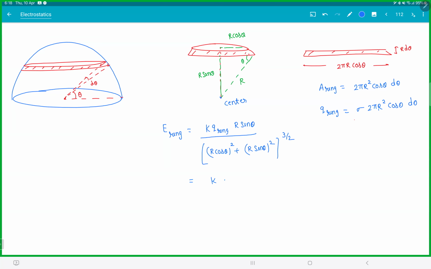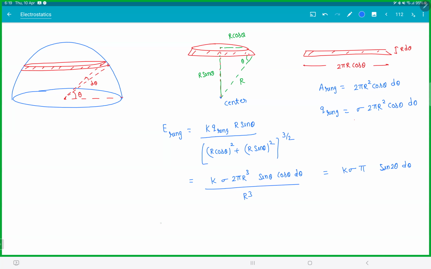So this will be k sigma 2 pi r square, one more r, so r cube sin theta cos theta d theta by the denominator r cube. This turns out to be, k is 1 by 4 pi epsilon, sigma by 2 epsilon. No, put the 2 inside, so k sigma pi sin theta cos theta will become sin 2 theta d theta. 2 sin theta cos theta, right?